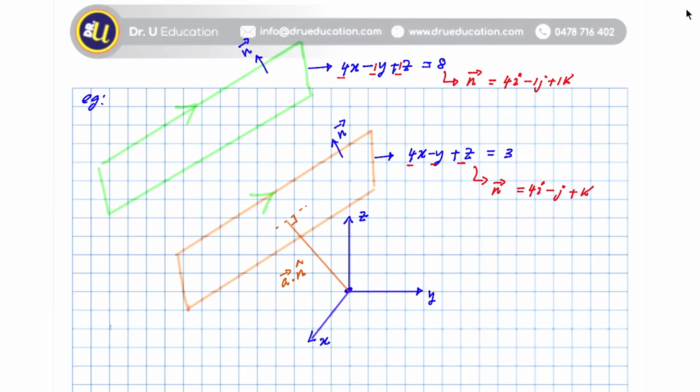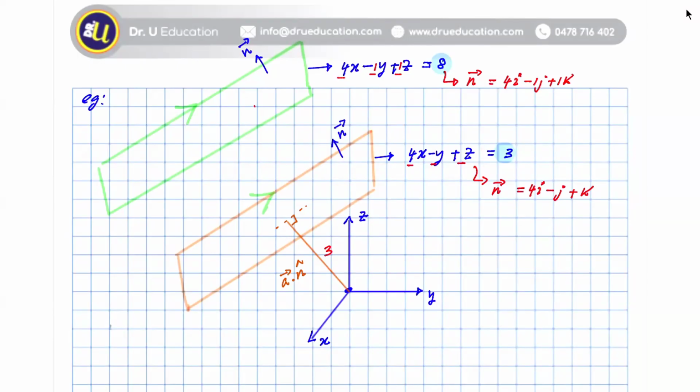Now, we have to understand what is the meaning of this 8 and this 3. So 3 means this distance.